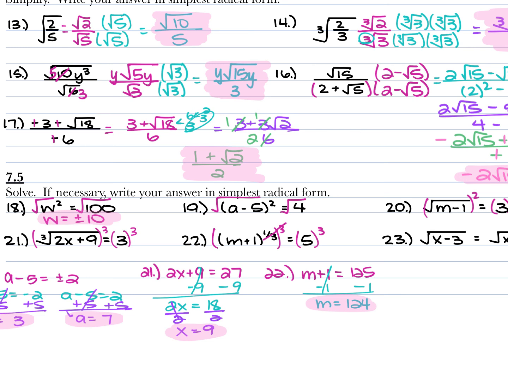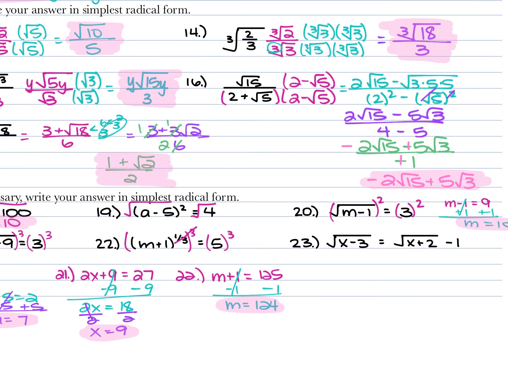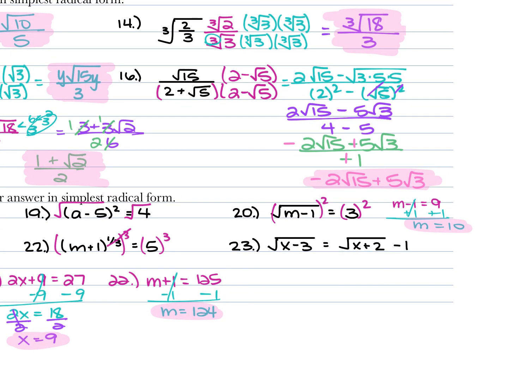So you're good. For 23, you have the square root of x plus 3 is equal to the square root of x plus 2 minus 1. Take both sides, square them. This is going to leave you with x minus 3 is equal to x plus 2 squared minus 2 times the square root of x plus 2 times 1 plus 1 squared.